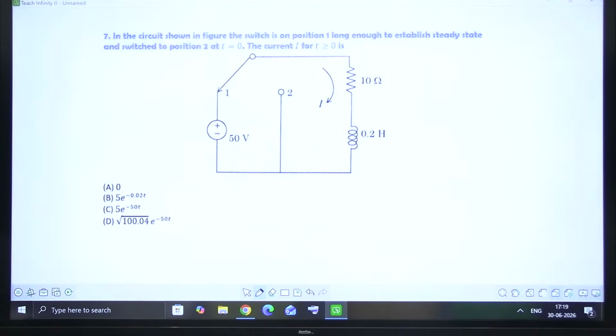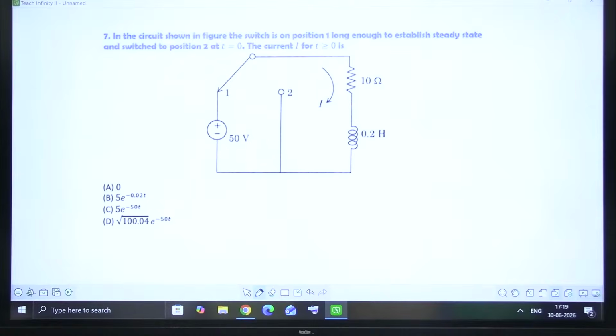In the circuit shown in the figure, the switch is in position 1 for a long time. If anywhere you see a switch in some position for a long time, it means the circuit has attained steady state.